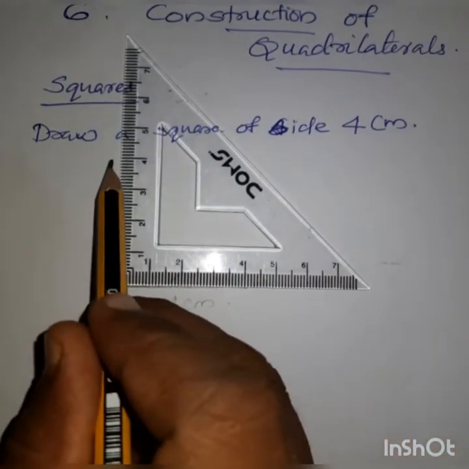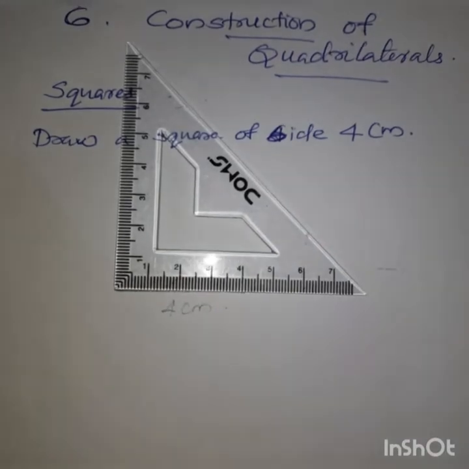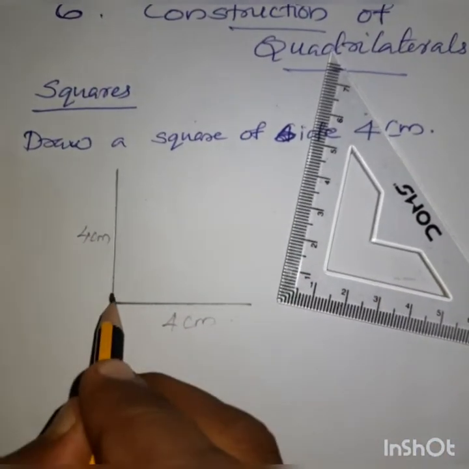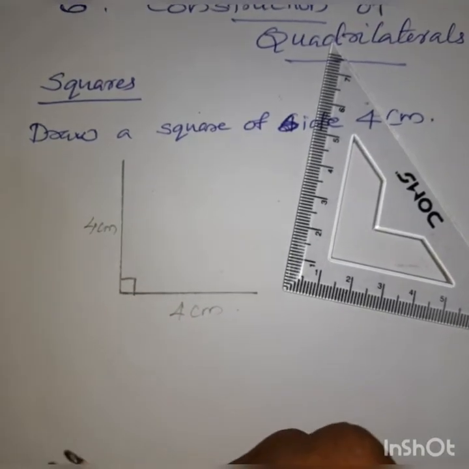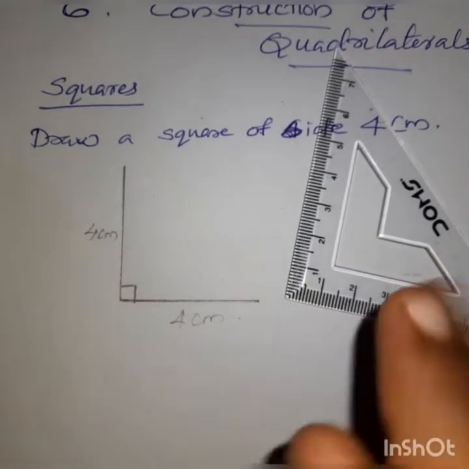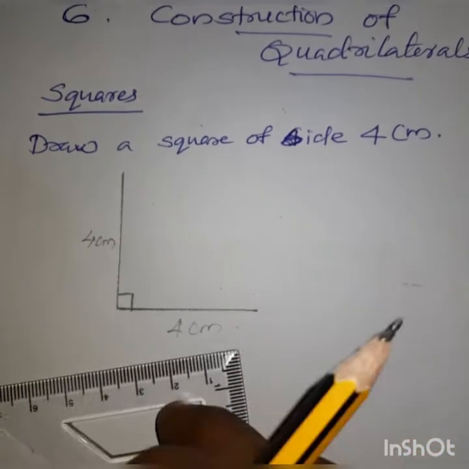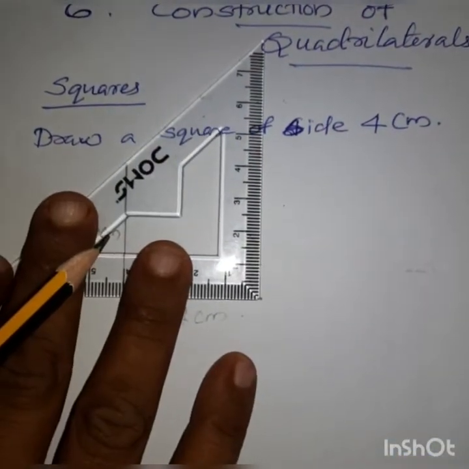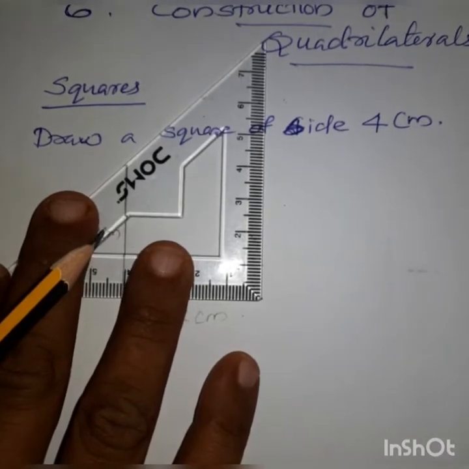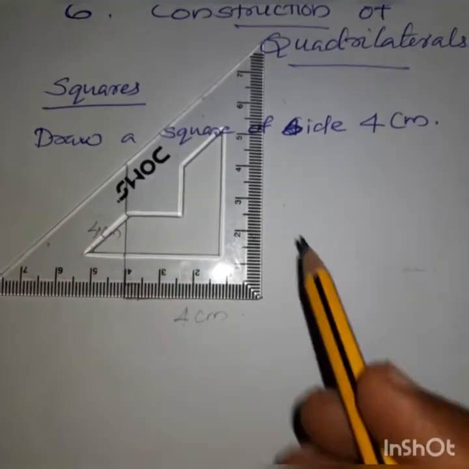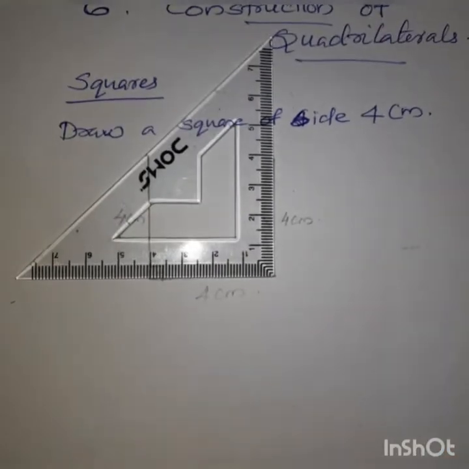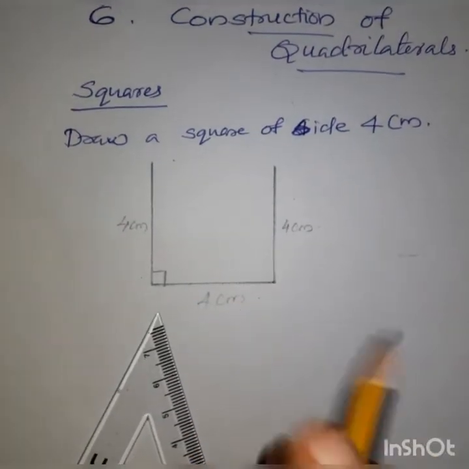Then you draw 4 centimeter here. So mark 4 centimeter. Here you are getting a right angle. Again draw the next side. Keep the set square properly on the line and draw 4 centimeter here. So you can see here 4 centimeter.